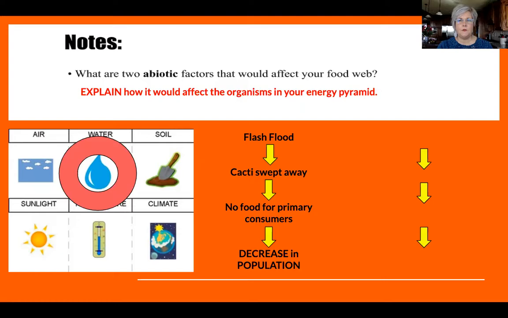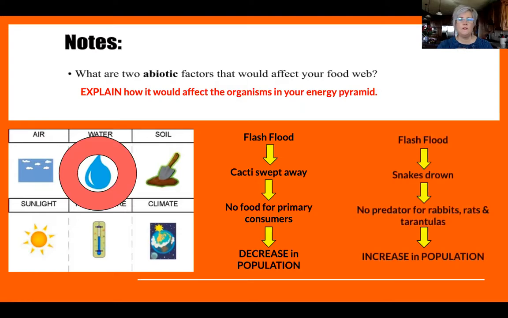Let me give you another example with a flash flood, okay? Let's say that it flooded all the burrows where the snakes lived. And so there was a significant amount of snakes that were drowned. Well, if the predator is gone, that means that the rabbits, the rats, and the tarantulas don't have a predator.